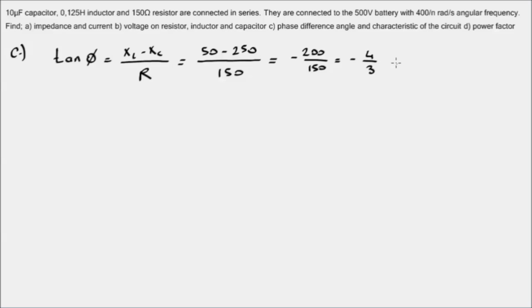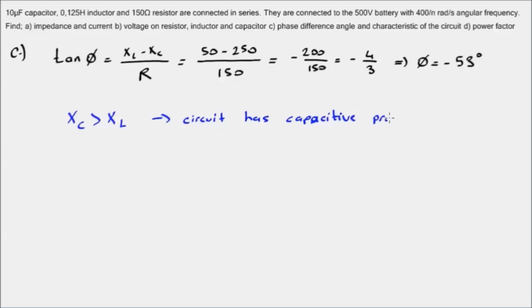For minus 4 over 3, phi is going to be minus 53 degrees. And it says calculate the characteristic of the circuit: XC is greater than XL, so the circuit has capacitive properties.